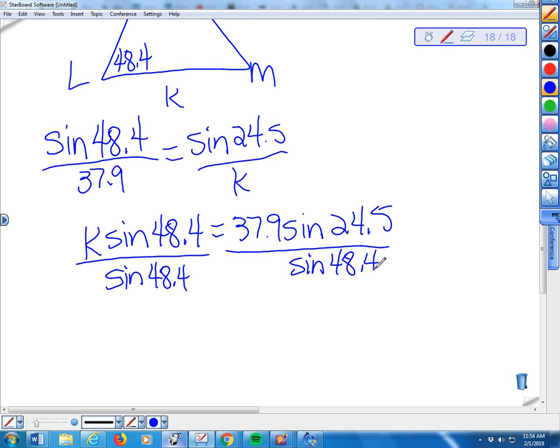And just put everything in the calculator. 37.9 sine 24.5, enter, divided by sine 48.4. 21.02, so 21, letter B. They gave it to us in the problem. Any other questions on this one?